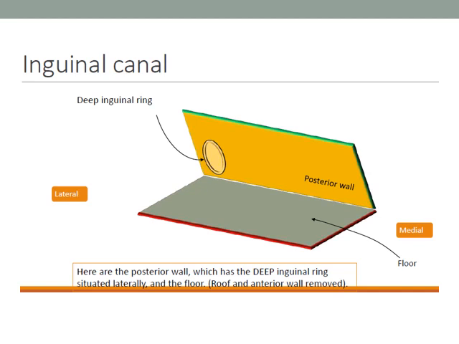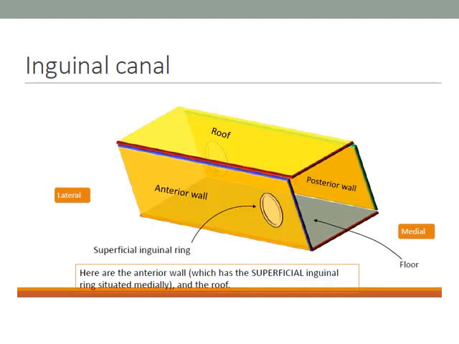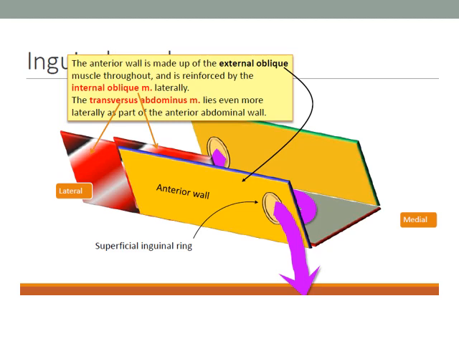Here are the posterior wall, which has the deep inguinal ring situated laterally, and the floor. The roof and the anterior wall are removed. Here are the anterior wall, which has the superficial inguinal ring situated medially, and the roof. So the anterior wall of the canal is made up of the external oblique aponeurosis all through and is reinforced by the internal oblique muscle laterally.